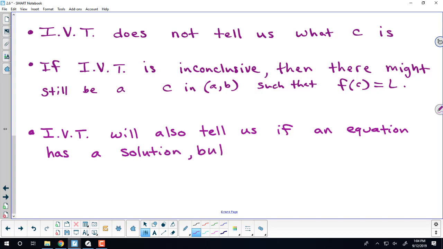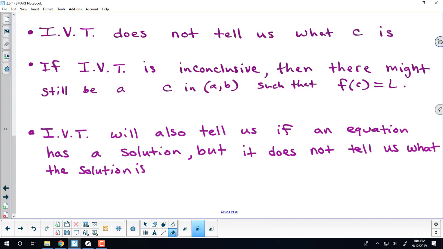But, as we noted in bullet 1, it does not tell us what the solution is. Does anyone have any questions on this? We're going to look at one example and then conclude 2.6.